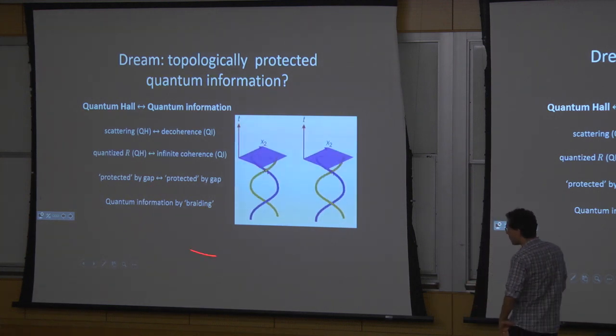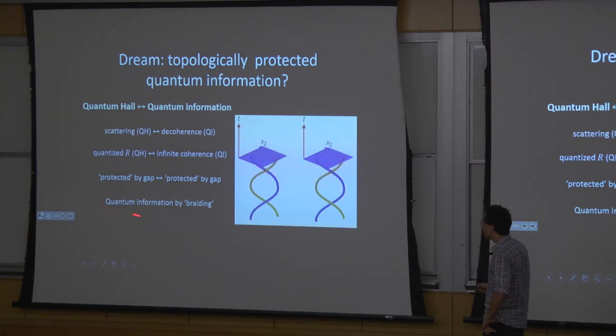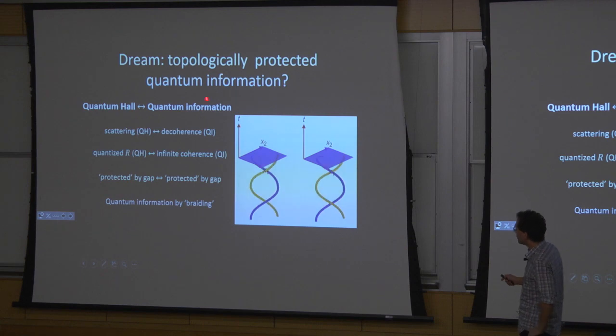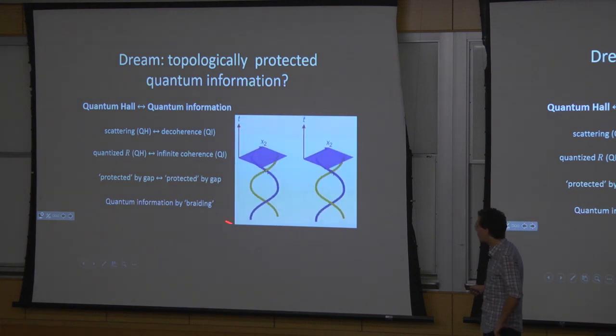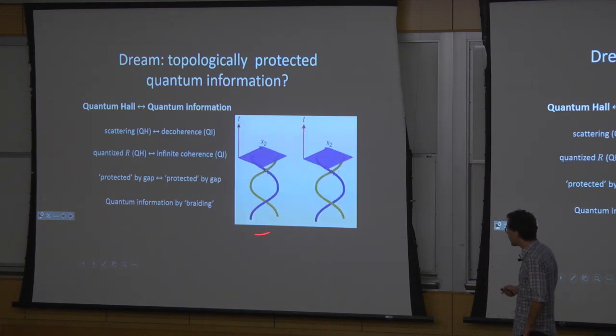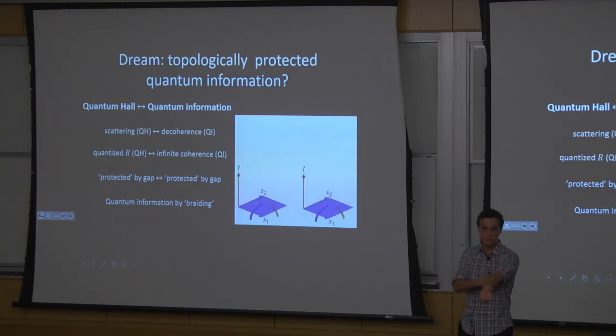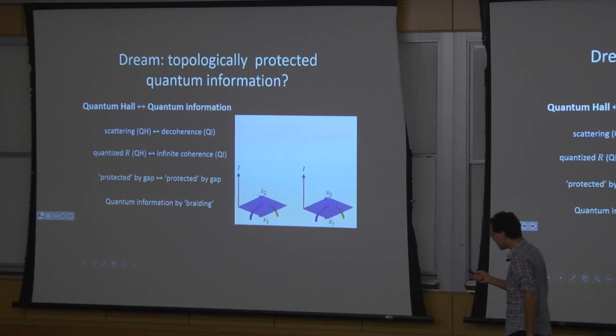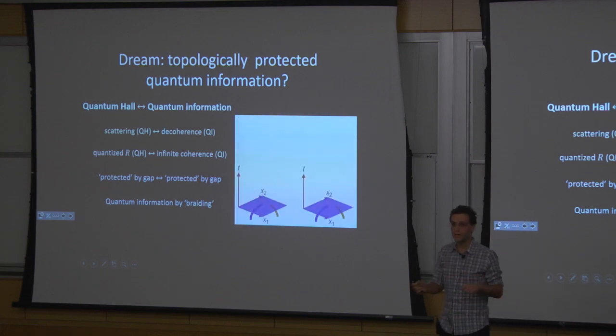The way this is supposed to work, and I haven't told you yet how to even do this, is that the analogy in quantum information to quantum Hall is to create states of matter that have particles that, in some space, which may be real space or may not be, you can twist around each other. The quantum information is stored in the nature of the knots that you tie in them as a function of time.